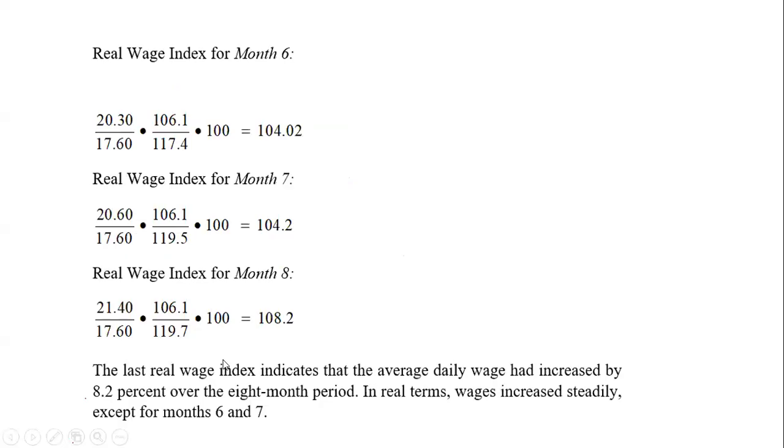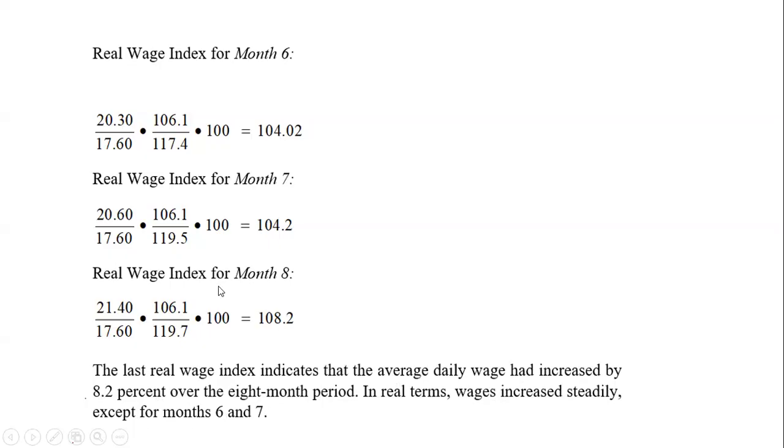So you see that the last real wage index indicates that the average daily wage had increased by what? 8.2% over the 8 months period. In real terms, wages increased steadily, except for month 6 and 7.